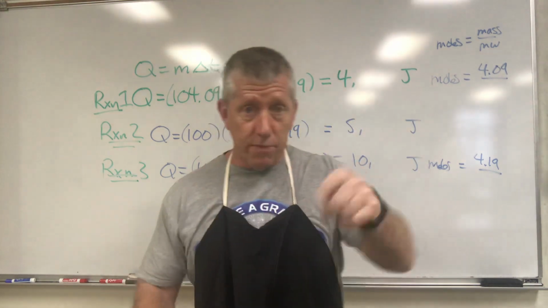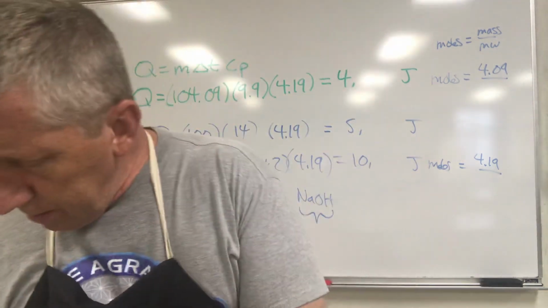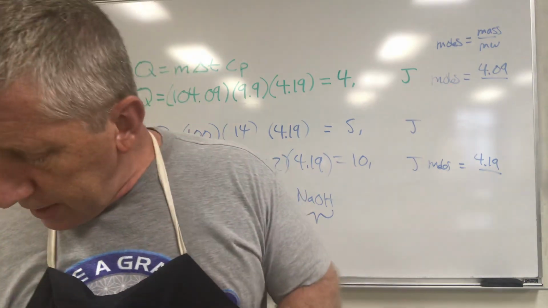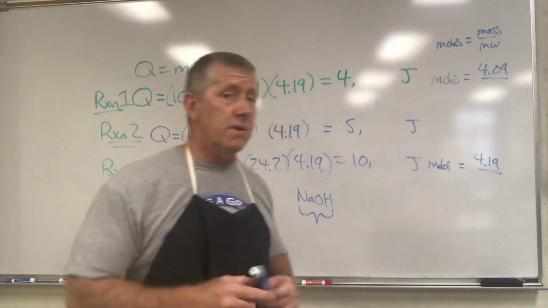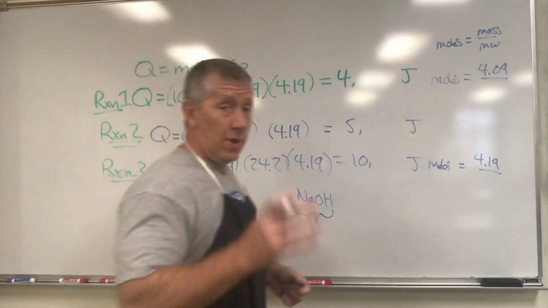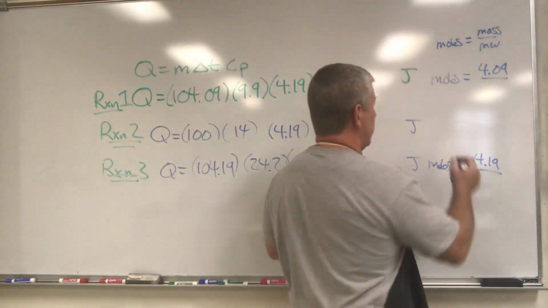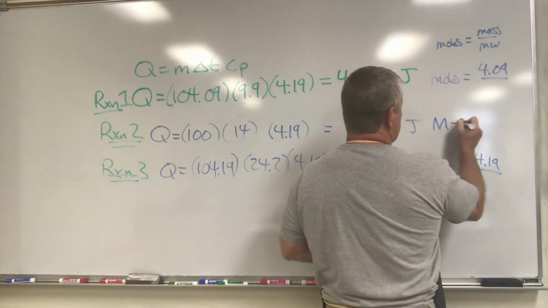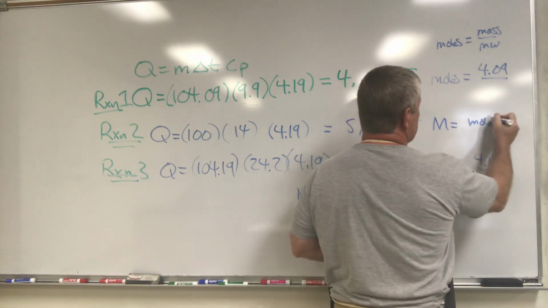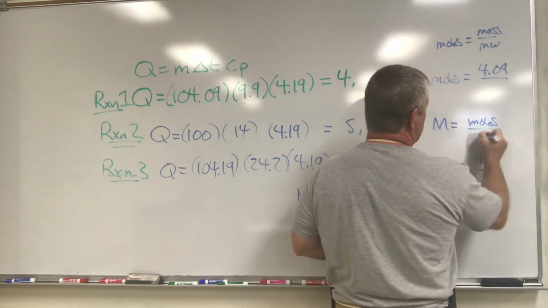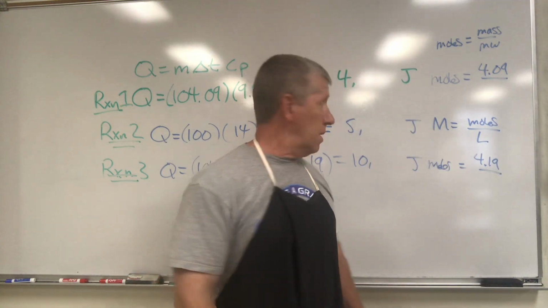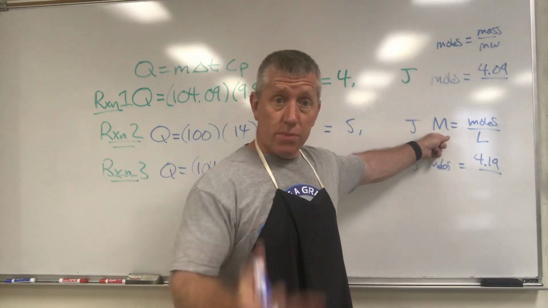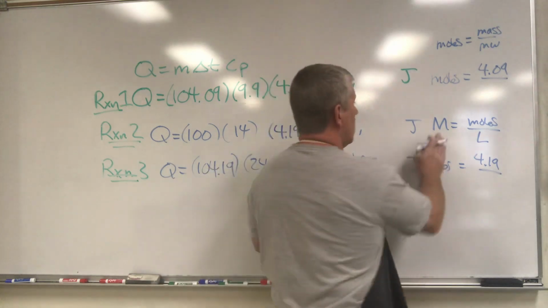Now this one here. And you'll see on here, I even wrote this down for you. It says, determine the moles for reaction 2. Determine the moles using the volume and the molarity of the sodium hydroxide solution. So that means we all remember molarity is equal to moles divided by liters. So how am I going to get moles? Well, it was a 2 molar sodium hydroxide solution. So put 2 molar here.